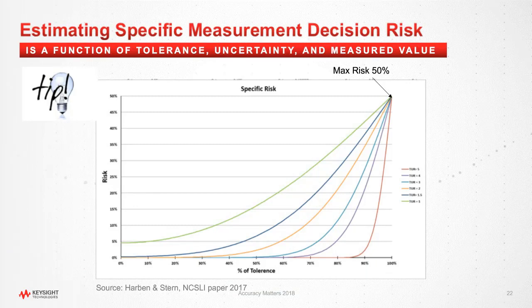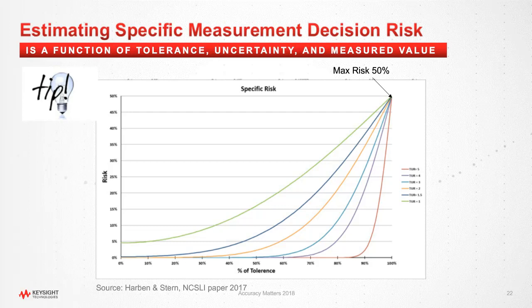My colleague John Harbin and I wrote a paper for NCSLI last year, and what you can look at here is you can interpolate right off of a graph to get the specific risk. And you only need to know three things.